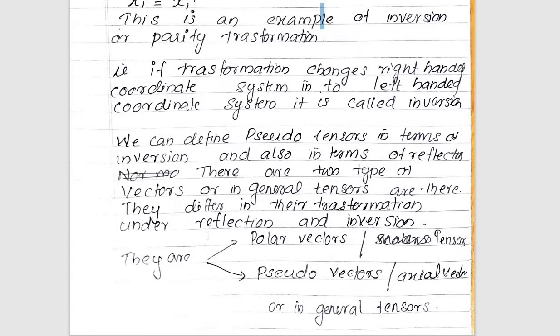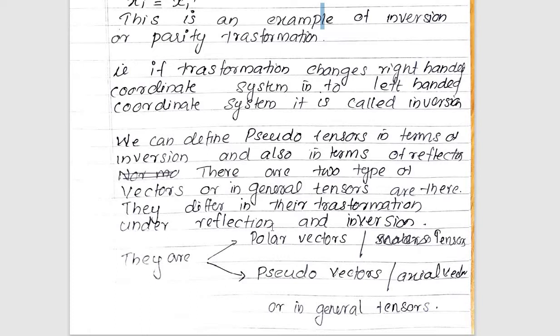This classification is because they transform in different manners under inversion and reflection. The transformations under reflection and inversion are different.